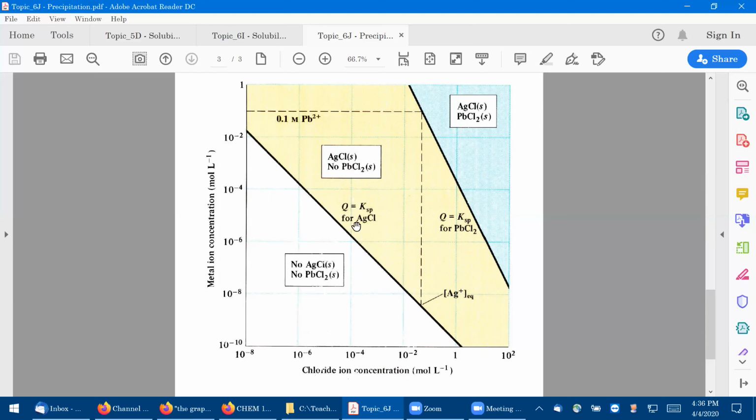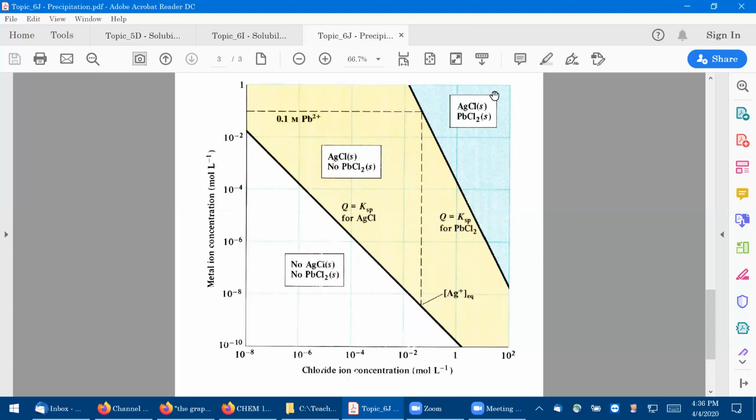And the reason that is shown this way is that the KSP of silver chloride is about 5 orders of magnitude less than the KSP of lead chloride. And so as long as the solution contains ion concentrations that make it lie somewhere in this white region, neither of the two will precipitate. And what they're representing here is that no silver chloride is a solid and no lead chloride is a solid.